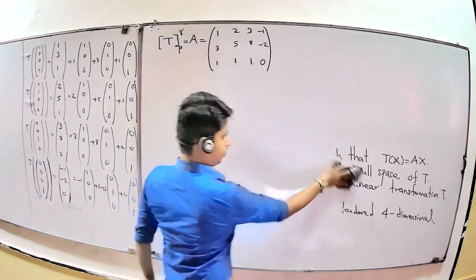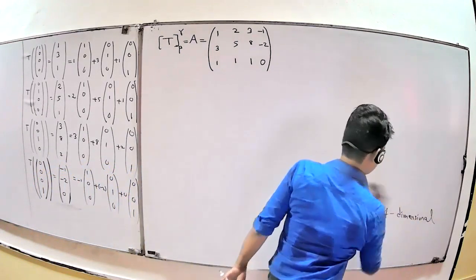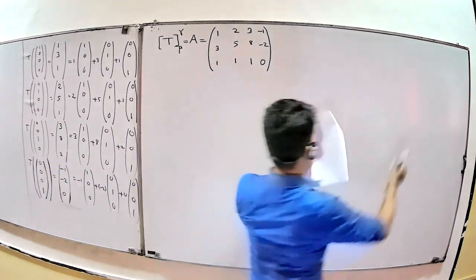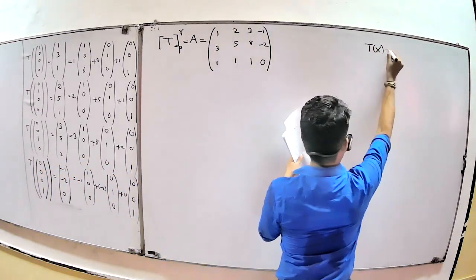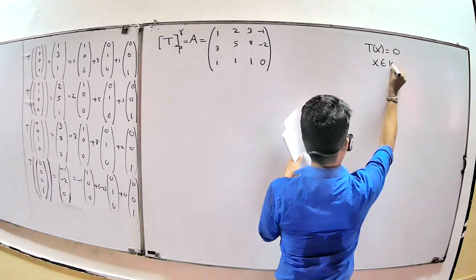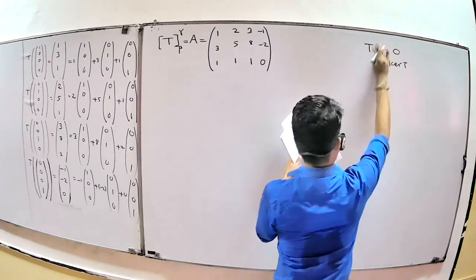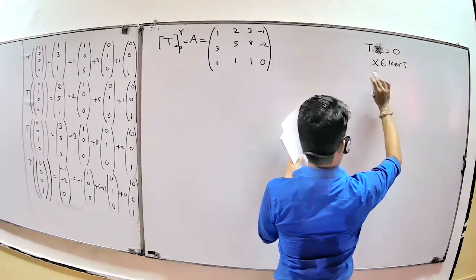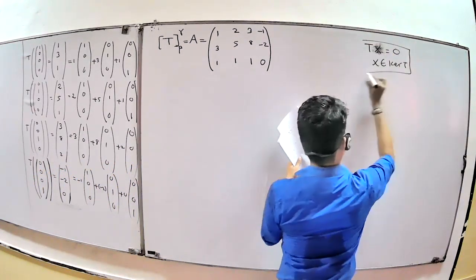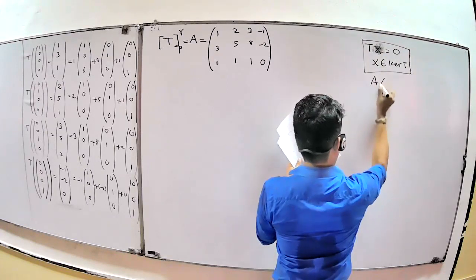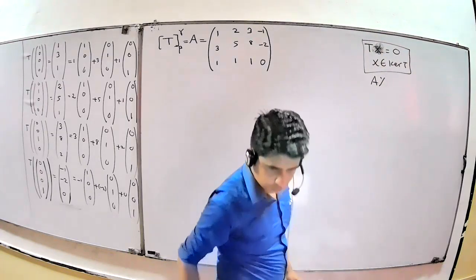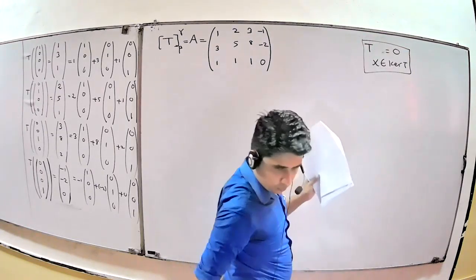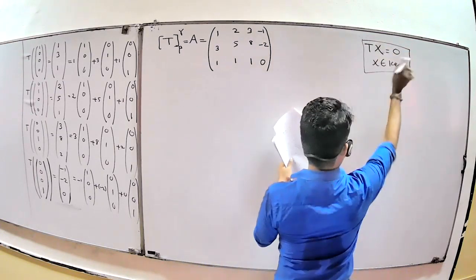Suppose T of x equals 0, then this x belongs to the kernel of T. You already studied that, right? Now you have the formula: T of x equals 0 means x belongs to the kernel of T.